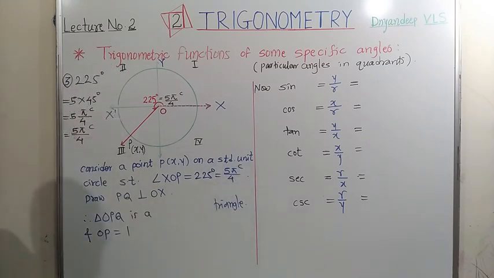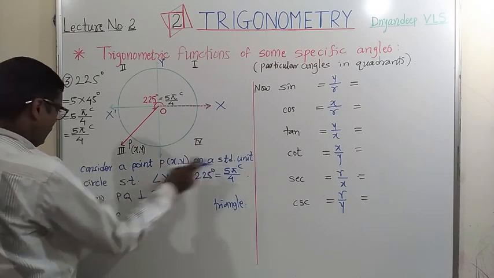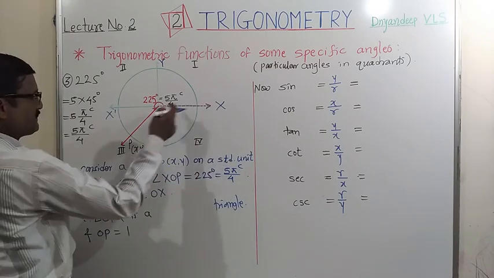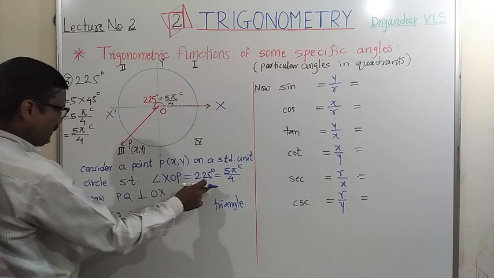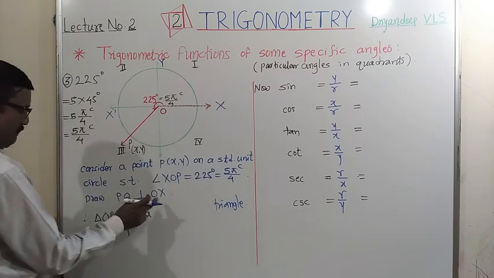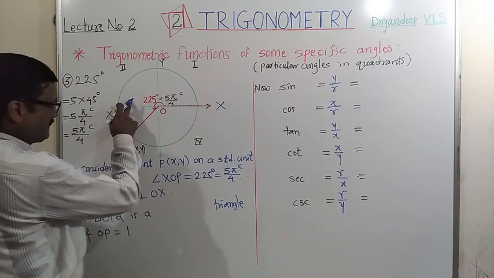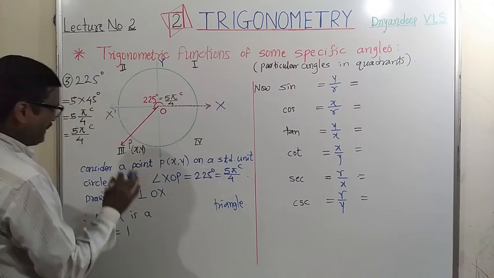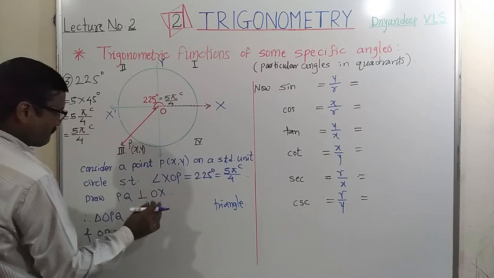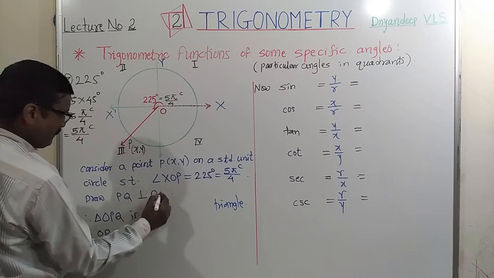Okay, so consider a point P(x, y) on a standard unit circle such that angle XOP is equal to 5 pi by 4. Then draw PQ perpendicular to OX. We can draw perpendicular on x-axis or on y-axis also. Now in this case we will draw perpendicular on y-axis.